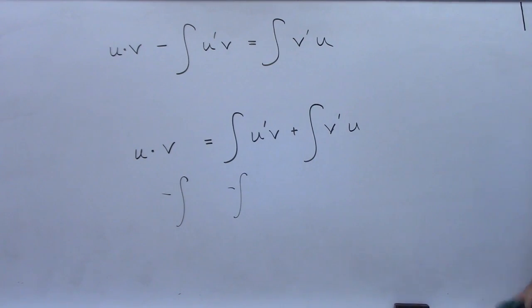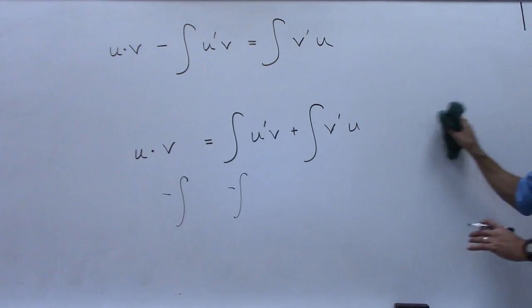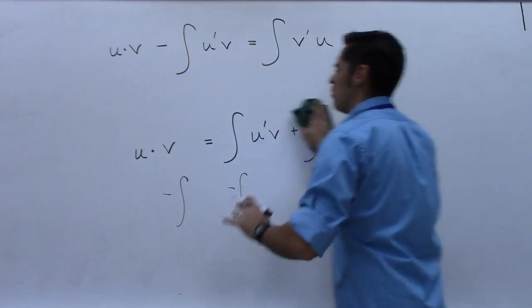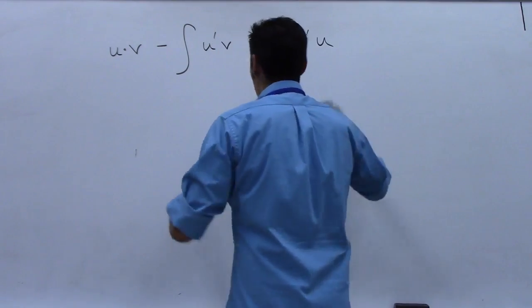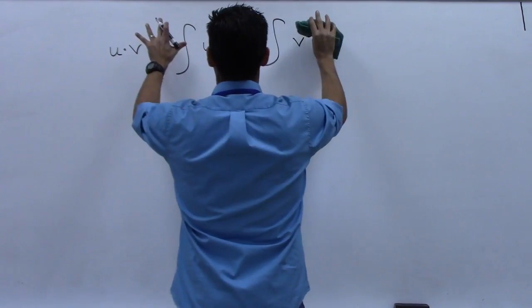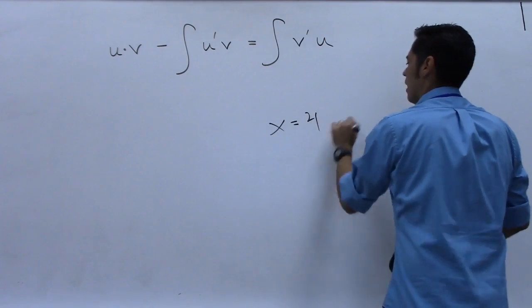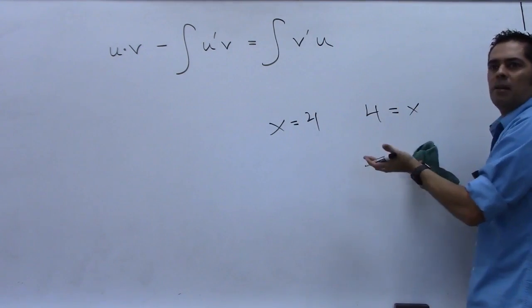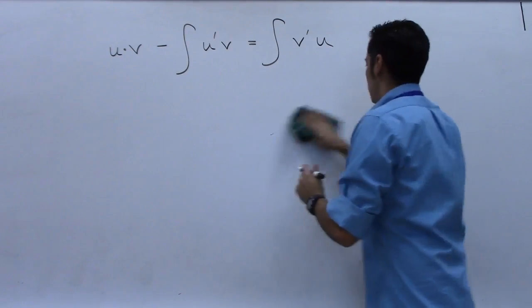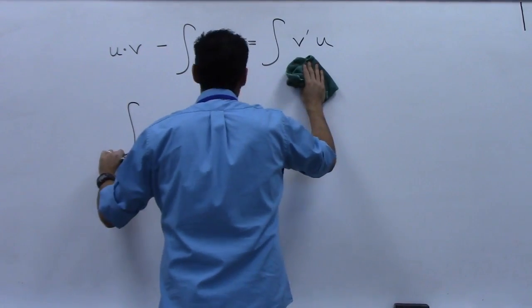All right, now what I'm going to do is I'm just going to kind of rewrite this, rearrange it a little bit. Anytime we have equality, right, we can always just write it the other way around. Right? If I say x is 4, I can also say 4 is x, right? So it doesn't matter. I'm just going to write this backwards now. So I'm going to write the integral, and watch this.